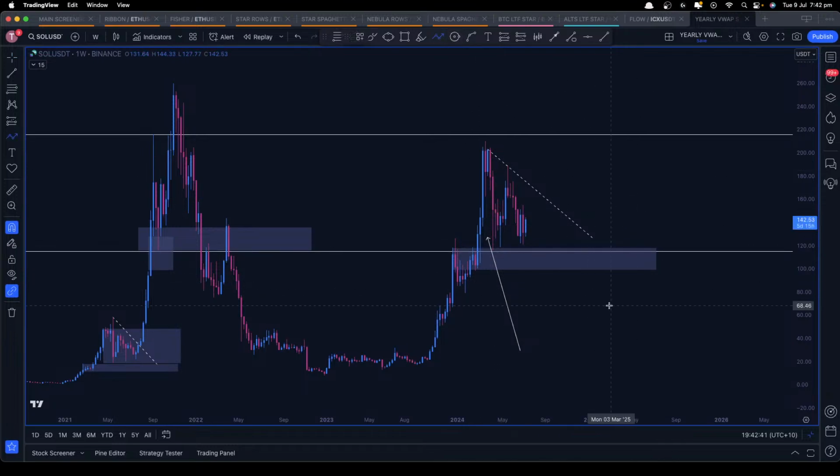So I'm a bull on Solana, so long as we stay above this area. If we were to start breaking down here, especially taking out this low, and then held below, I wouldn't just short it straight away.